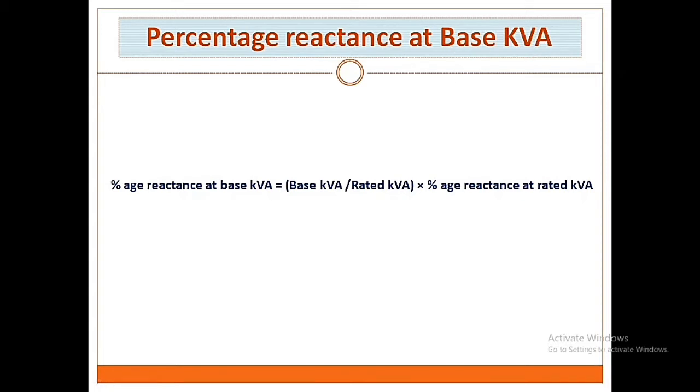The expression is: percentage reactance at base kVA equals base kVA by rated kVA into percentage reactance at rated kVA. That means percentage reactance at base kVA by percentage reactance at rated kVA equals base kVA by rated kVA.